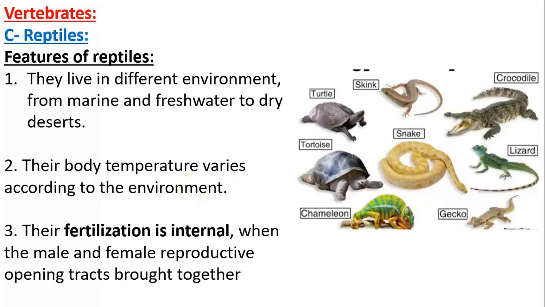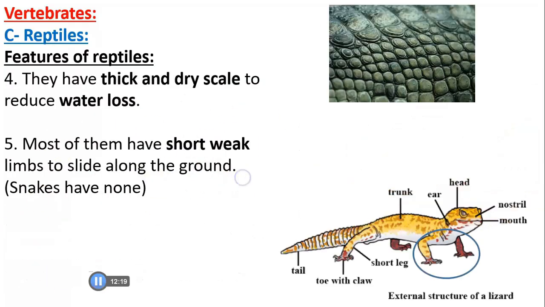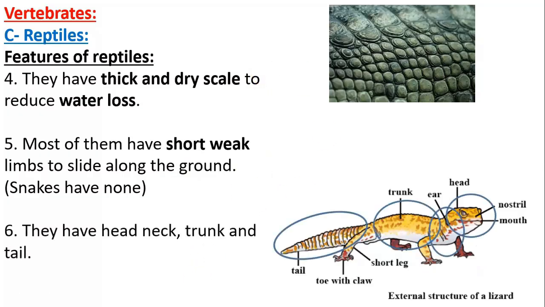And this is the first class where we saw this feature so far. They also have thick and dry scales to reduce any water loss from their skin. Most of them have short and weak legs, except for snakes, for example. They don't have any legs at all. Why do they need this? To slide along the ground.